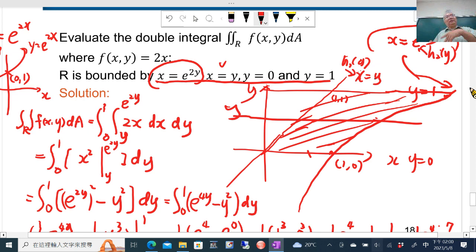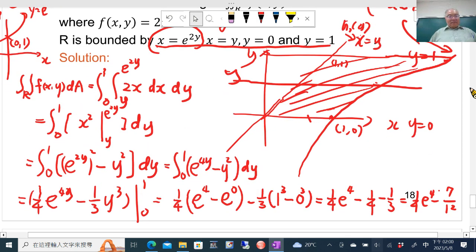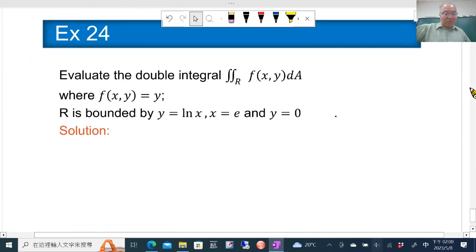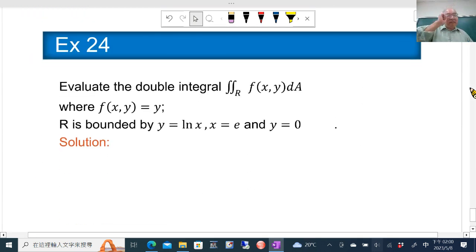So you are going to treat your function using different variables. Okay, any questions? Okay, let's take a break. We are going to go to number 24 later.